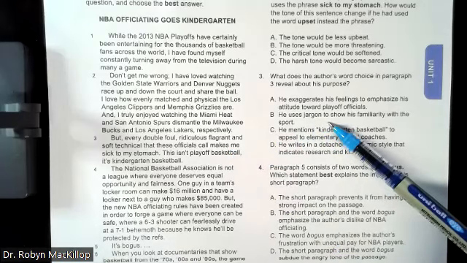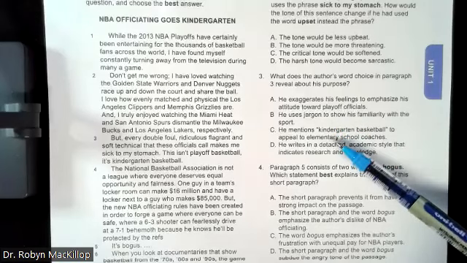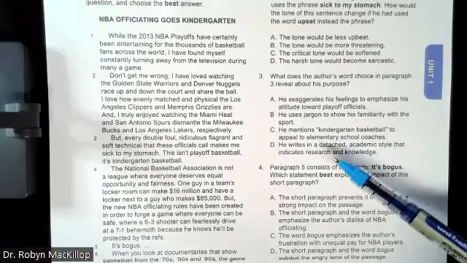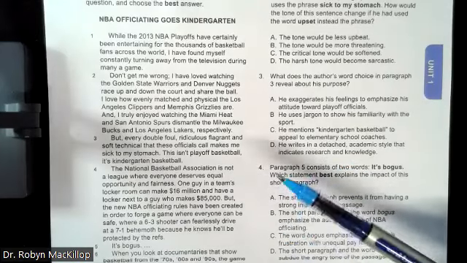And jargon would be words that we may not normally use to show his familiarity with the sport. He mentions kindergarten basketball to appeal to elementary school coaches, or he writes in a detached academic style that indicates research and knowledge.